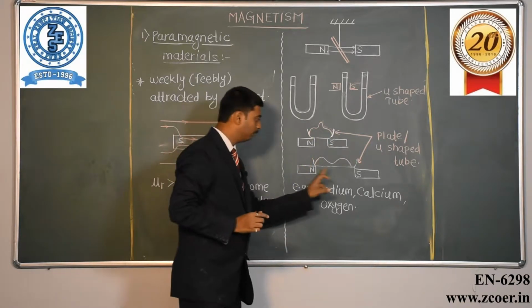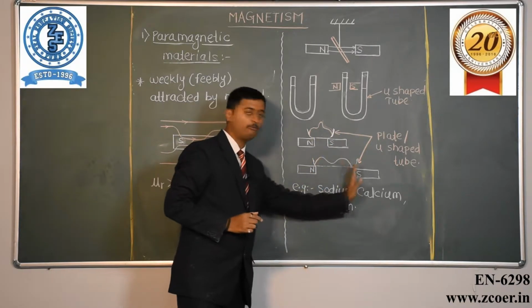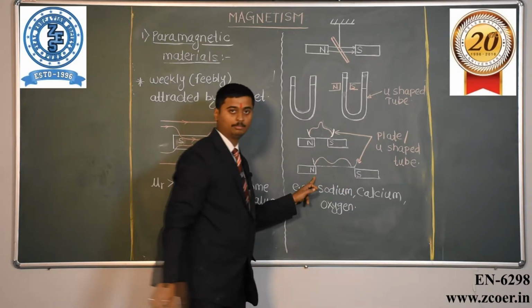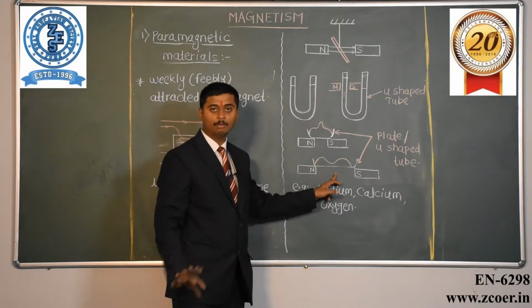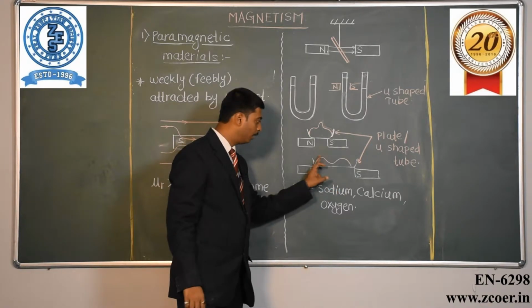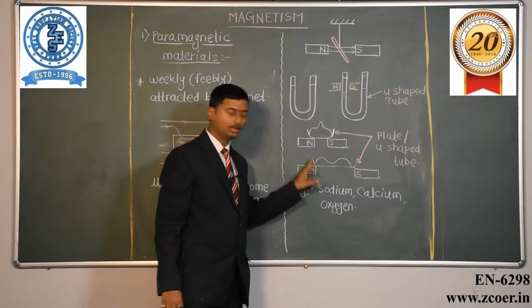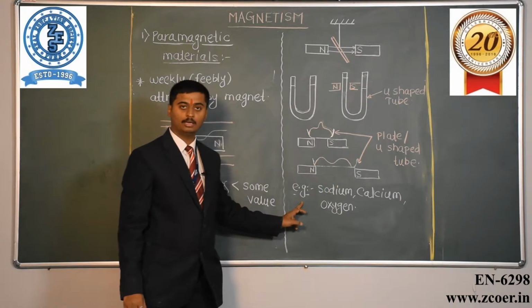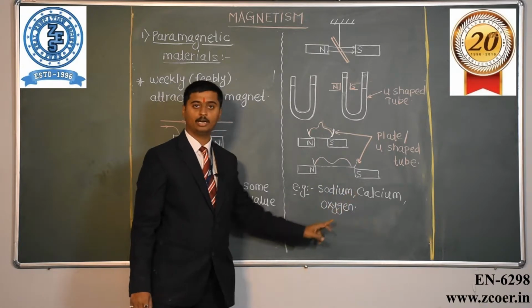Second, if these two magnets are placed very far from each other, now at the corners the field will be maximum and at the center minimum. So it will accumulate more at the corners and less at the center. The examples of paramagnetic material are sodium, calcium and oxygen.